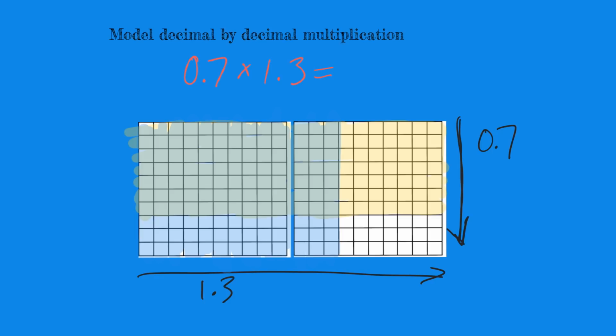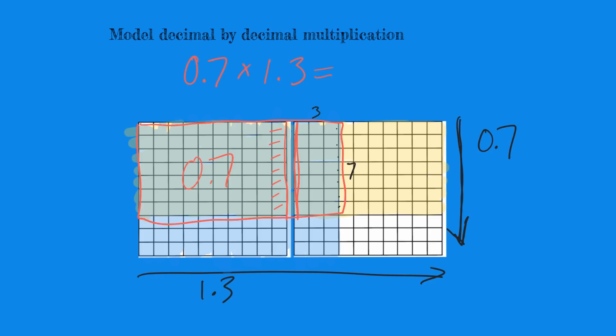Now the thing to remember here is I'm only concerned with the stuff that overlaps. So I'm only concerned with these pieces right there. If I look at just right here first off, I know that I have 1, 2, 3, 4, 5, 6, 7. I have 7/10 right here. If I look at here, I have an array of 3 by 7.